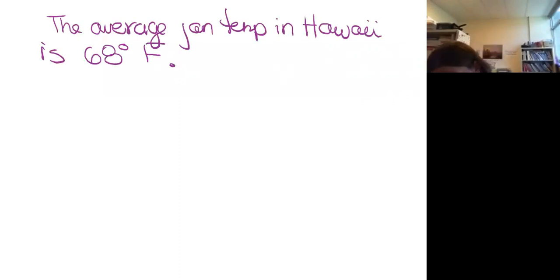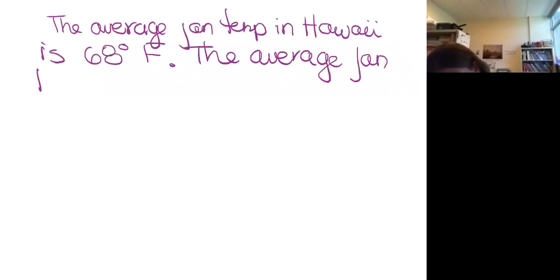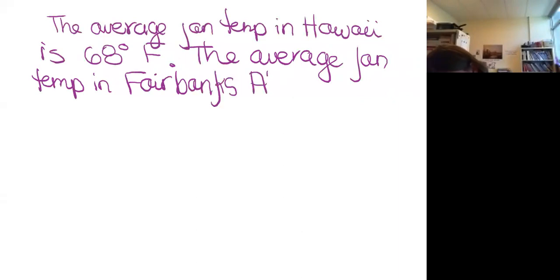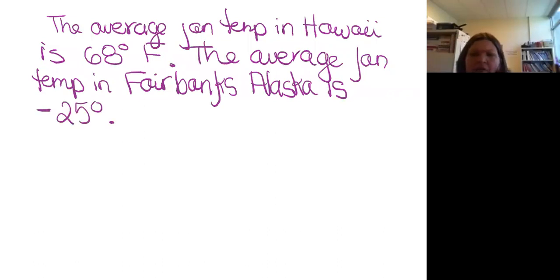And then they'll tell you the average January temperature in Fairbanks, Alaska, is, I don't know, something nice and nasty. Let's pretend it's negative 25 degrees. Gross. And then they'll ask you to find the difference between the two average temperatures.